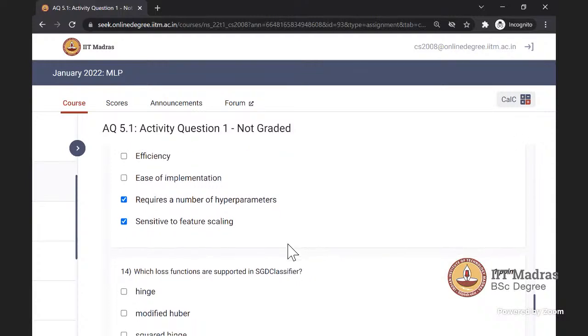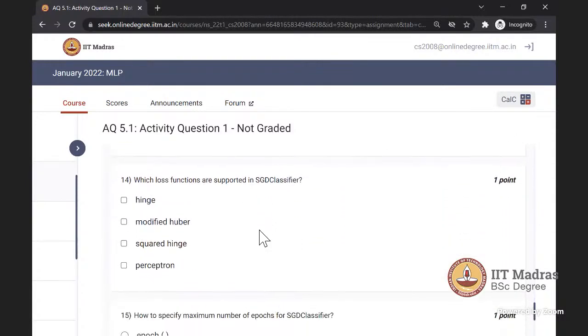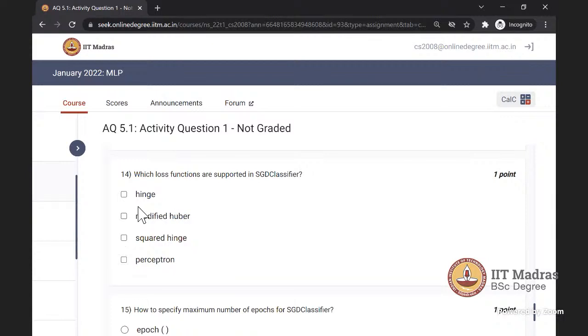Feature scaling, yes. Which loss functions are supported by SGD classifier? Huber loss, modified Huber, and hinge loss also probably. Okay, anything else? What is hinge loss actually? Is it like squared error loss or what? No, it's not a squared error. Can you give a little bit of explanation? So hinge loss, perceptron loss.